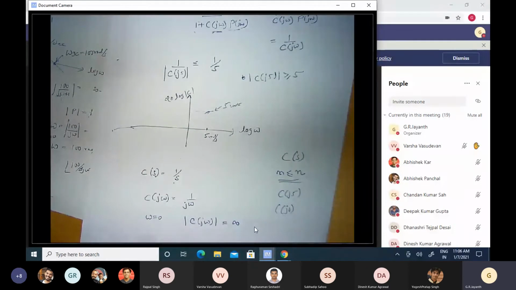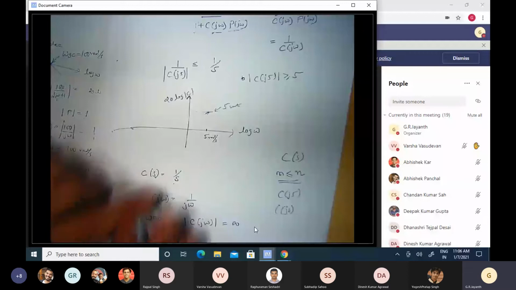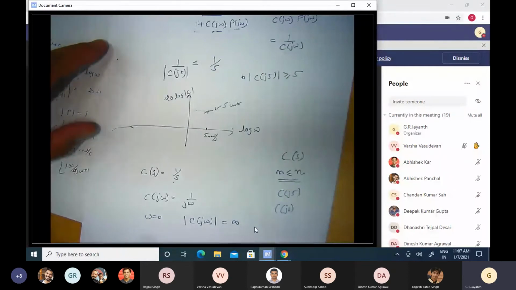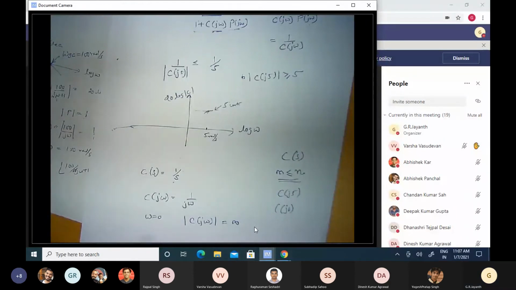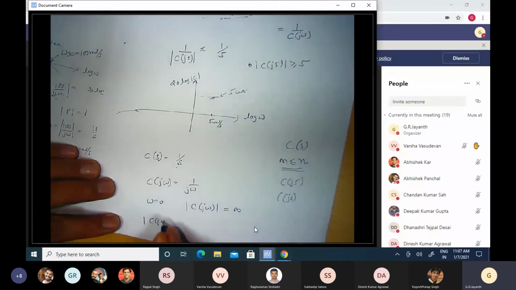My guess was guided by the time-tested principles of seeking simplicity in designing something. So I chose a very simple structure which gave me infinite gain. Great. So I'm happy that my performance specification at one frequency has been met with this initial guess. What about the performance at the other frequency, 5 radians per second? At 5 radians per second, what is magnitude of C of j omega?